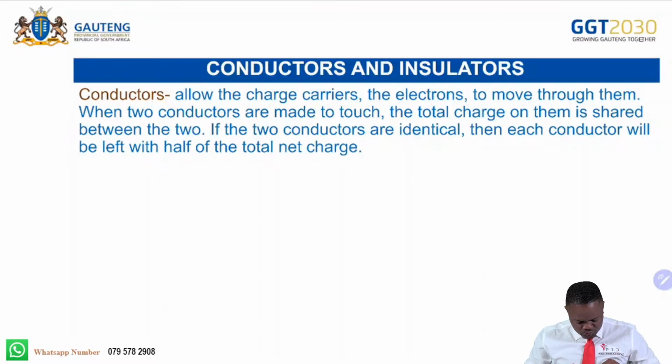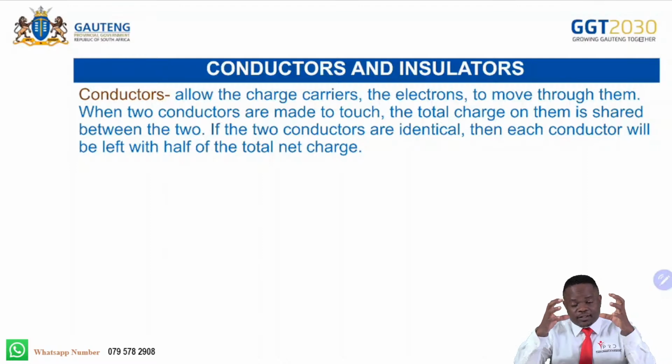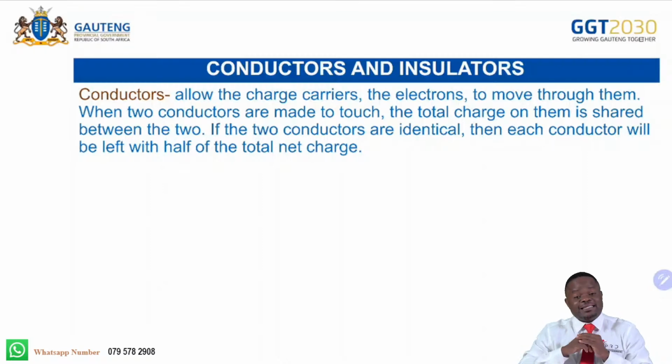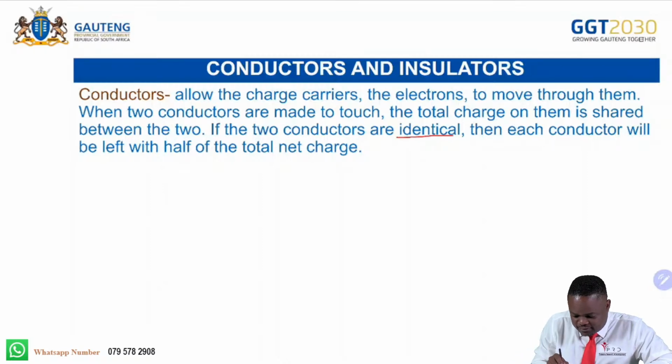Remember, when we're talking about the net charge, it can be the extra positive or the extra negative charges. Those extra charges are going to be evenly distributed between the two conductors, that is, if they are identical. Right? Is that making sense?